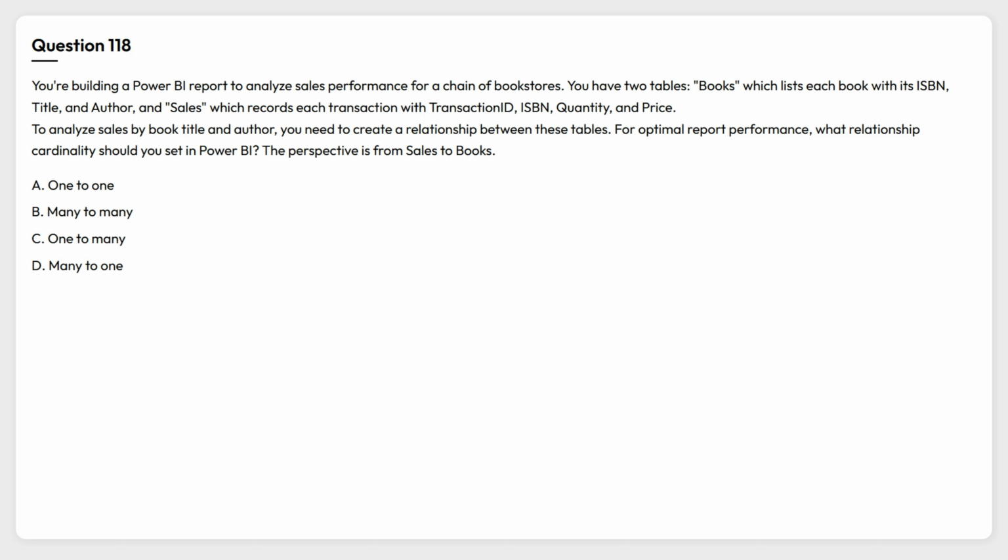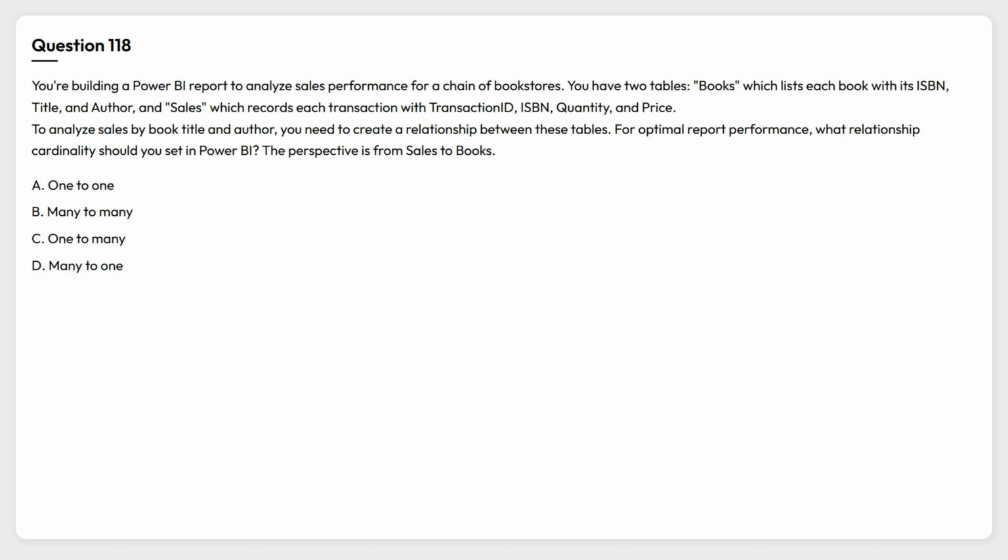Question number 118. You are building a Power BI report to analyze sales performance for a chain of bookstores. You have two tables, Books, which lists each book with its ISBN, title and author, and Sales, which records each transaction with transaction ID, ISBN, quantity and price.